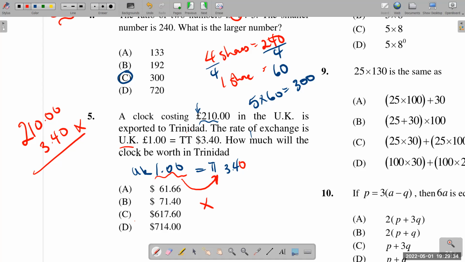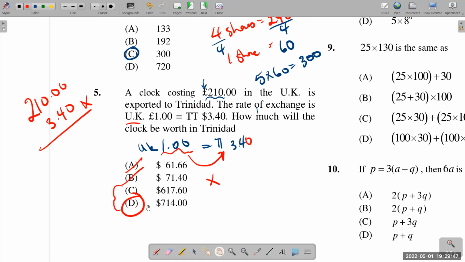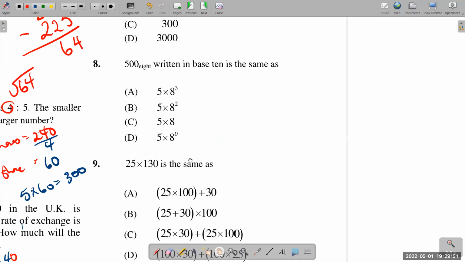The answer is D. When you multiply it, you're going to see and get D. Everybody see that? You can't get less. It's only between C and D. And once you multiply and get the first digit, you know you're cooking on gas. Okay, so let's continue.